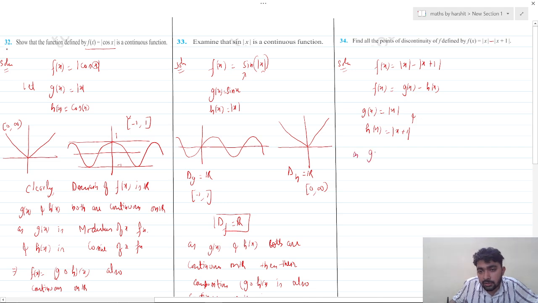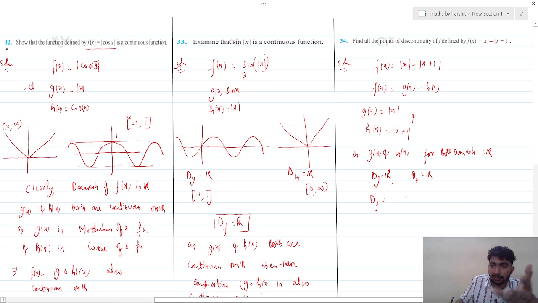As the domain of g is complete R, and the domain of h is also complete R, how can we find the domain of f, as this algebra is given here?